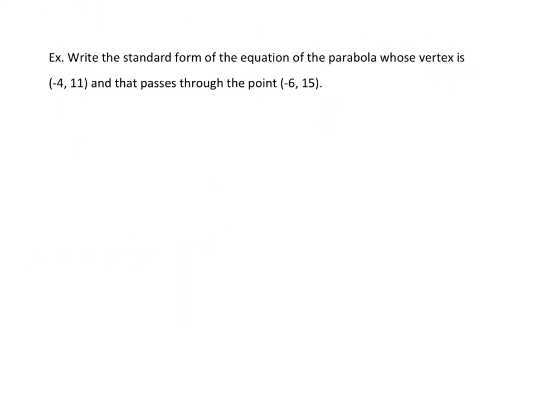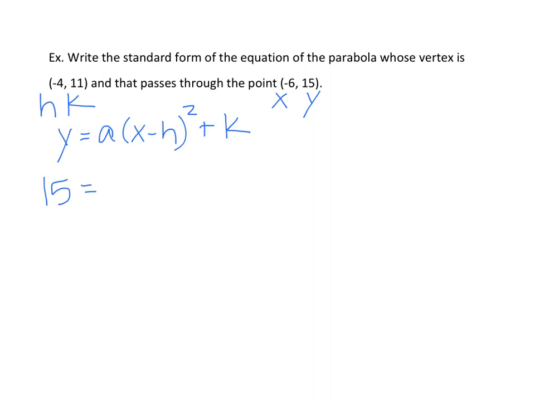Okay, try it again, pause, see if you can get the correct answer. My vertex, so here it gives me my h and my k, and it gives me a random point, (x, y). So standard form starts y equals a times x minus h, quantity squared, plus k. Plug in my y, 15 equals a times negative 6 minus negative 4, turns into a plus 4, plus k, which is 11. 15 equals a, negative 6 plus 4 would be negative 2.